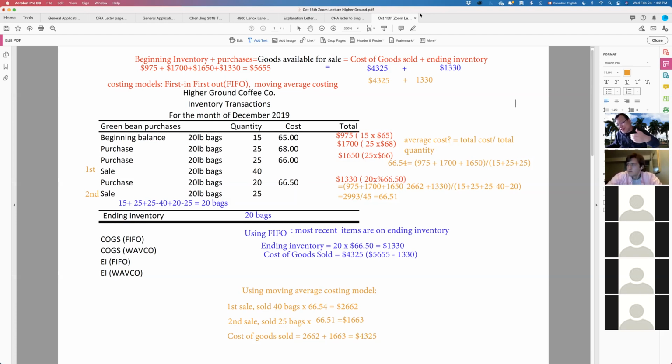For moving average, you have to calculate the average price immediately before each sale, and apply that average price to the sales quantity to figure out the cost of goods sold for that sale. You may have multiple sales, so you add up all the sales numbers together, and that's your cost of goods sold. And then you work backward to calculate ending inventory.